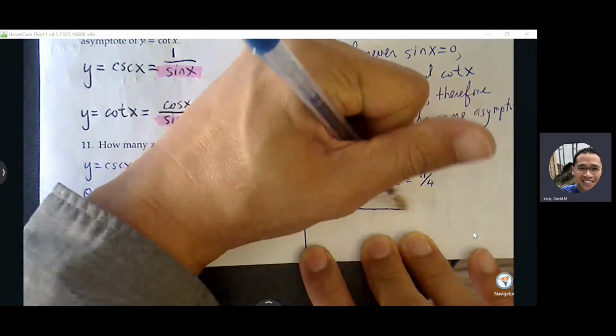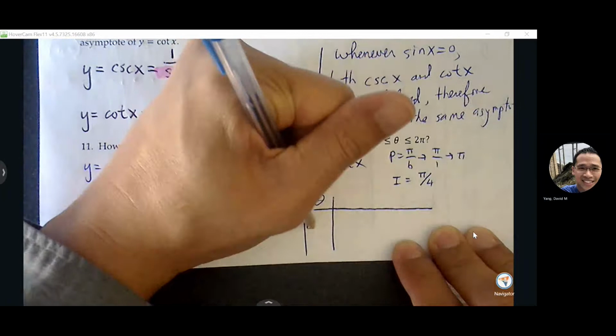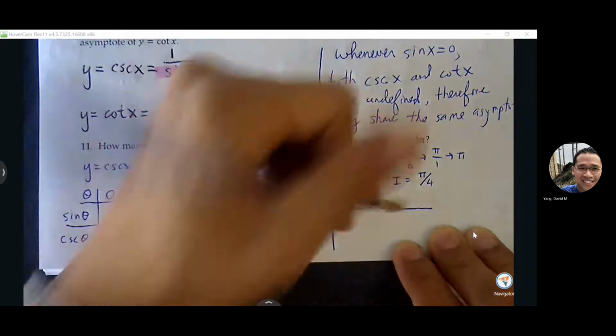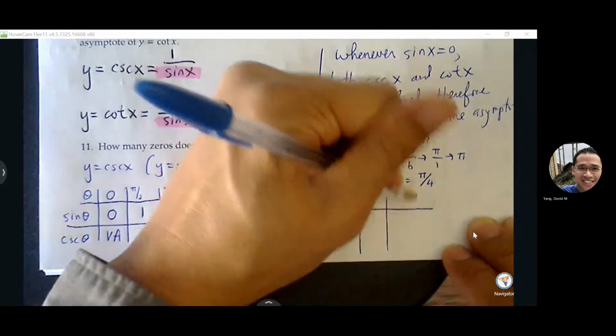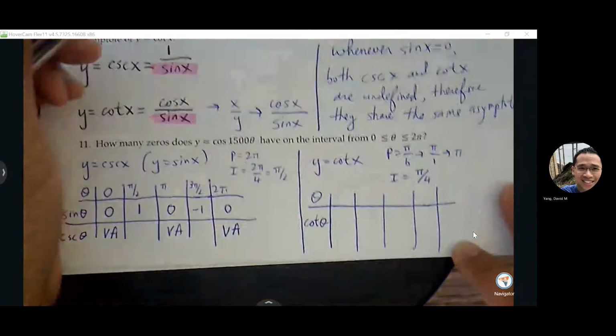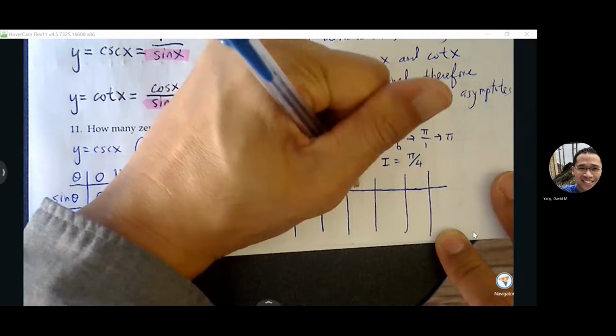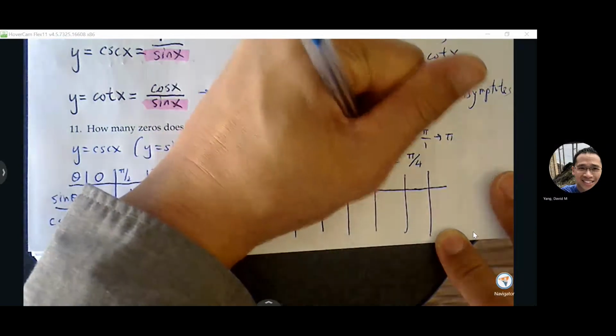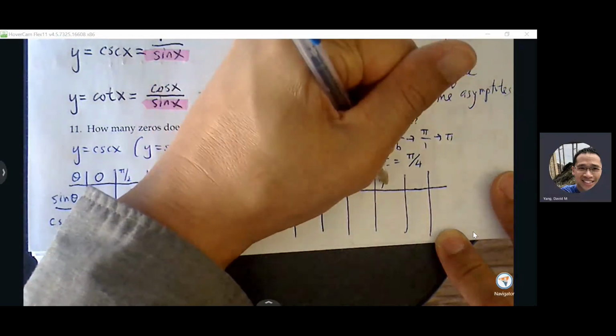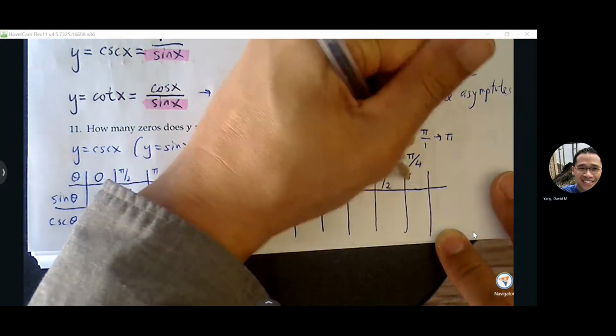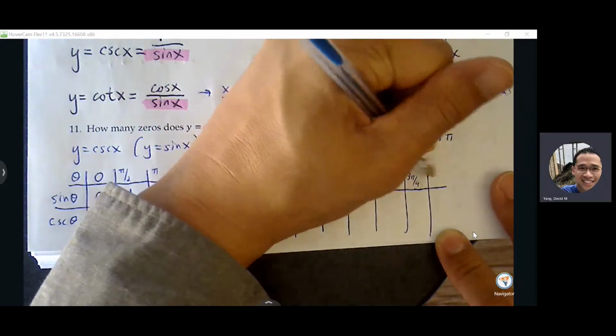Cotangent starts at 0. Then we build out pi over 4, pi over 2, 3 pi over 4, and pi.